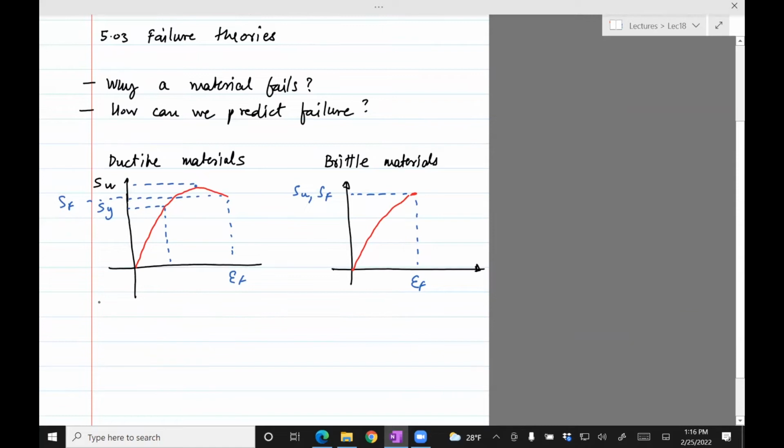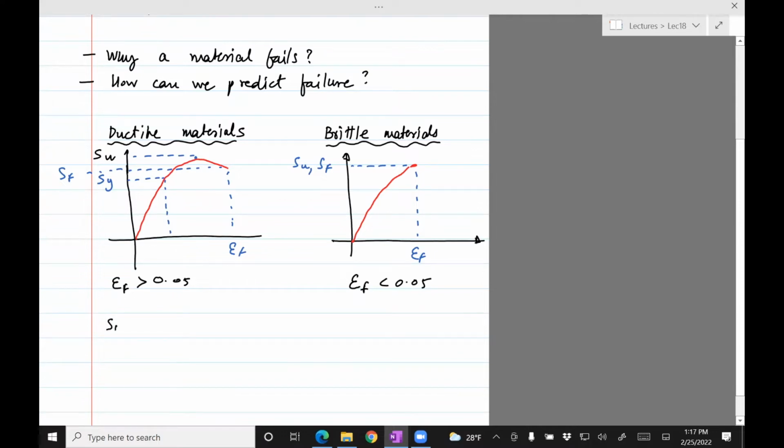Okay, so for ductile materials, typically the strain at failure is greater than 0.05. And for brittle material, strain is less than 0.05. In other words, what it's saying is that ductile material can take more strain before failure than brittle materials.